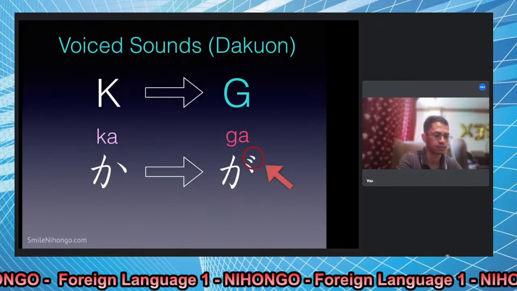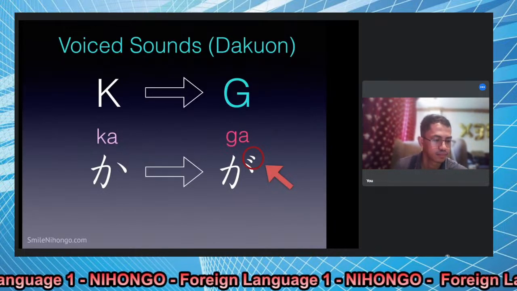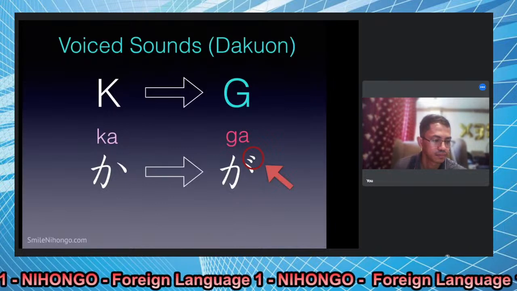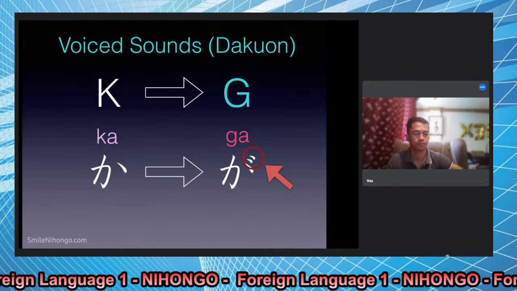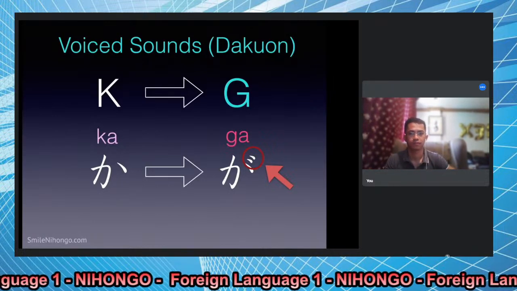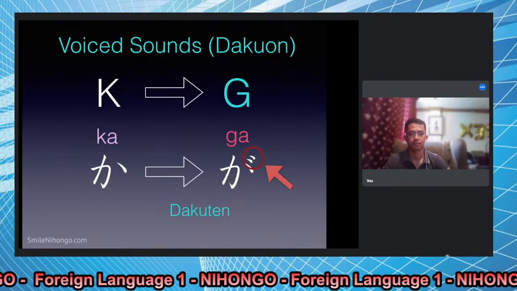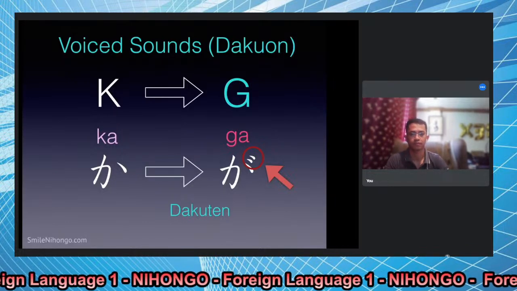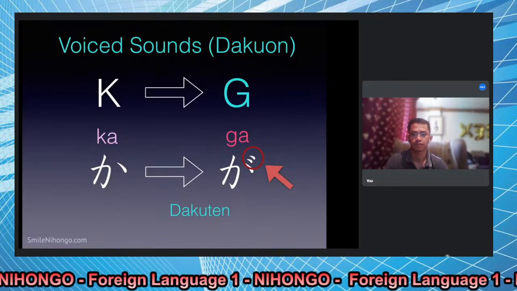Right. You have two short lines added to the upper right corner of the letter. These lines indicate that the letter is a voiced version of the hiragana ka, which is ga. And this marker is called dakuten in Japanese. Dakuten means the marker that makes the letter voiced sound.